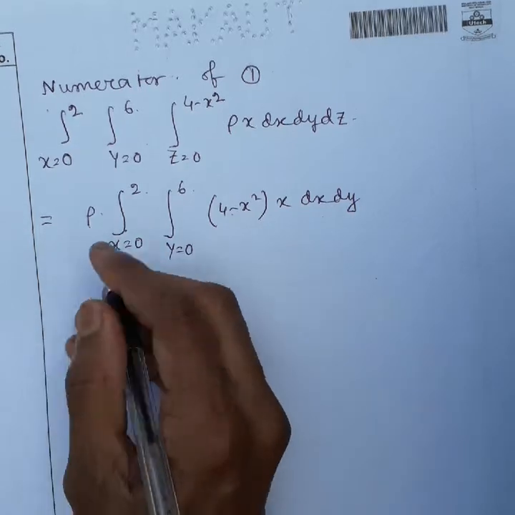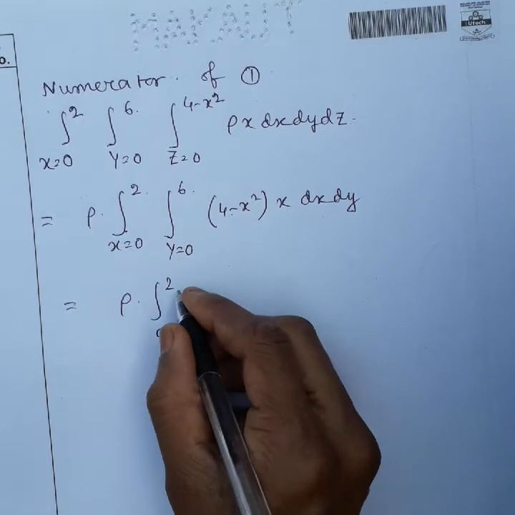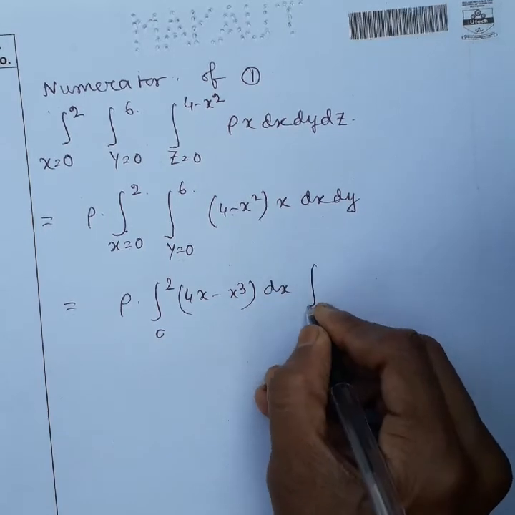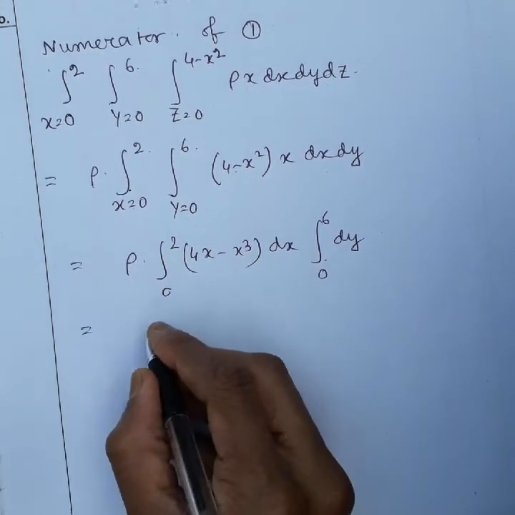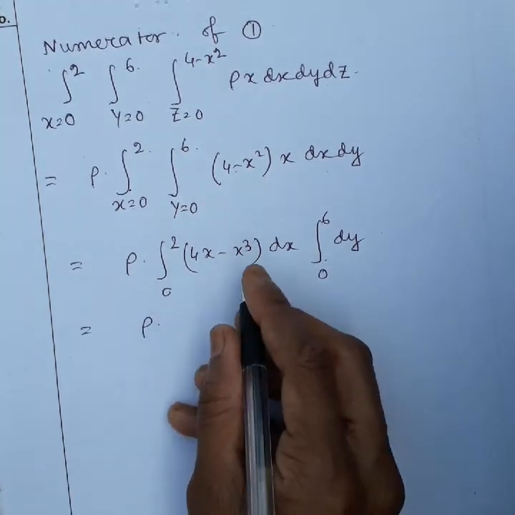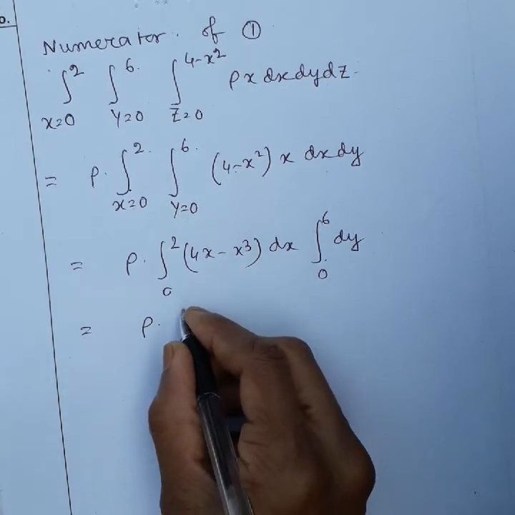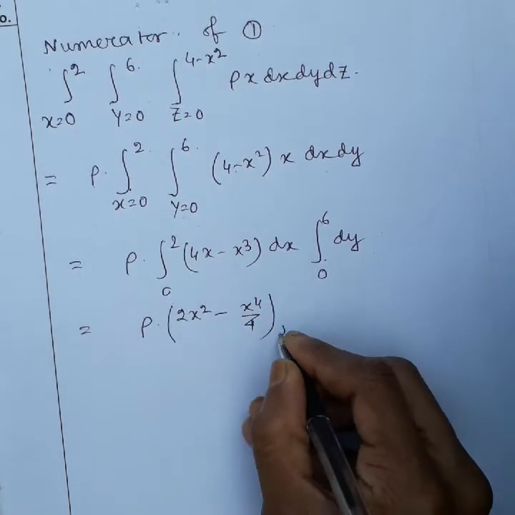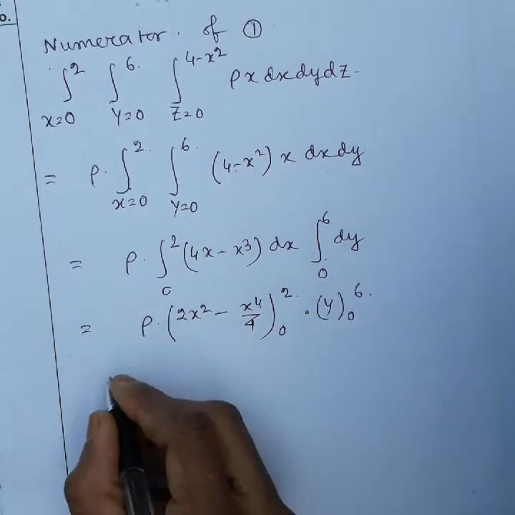Okay, so this will be rho into the integration of 0 to 2 of 4x minus x cube dx and 0 to 6 dy, that is equal to rho into 2x square minus x to the power 4 by 4 from 0 to 2, into y from 0 to 6.